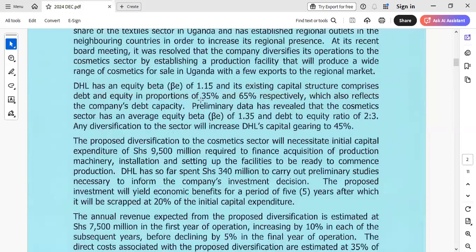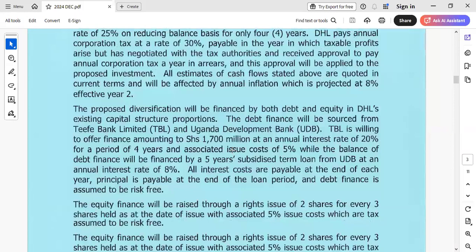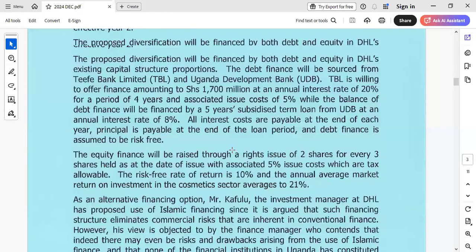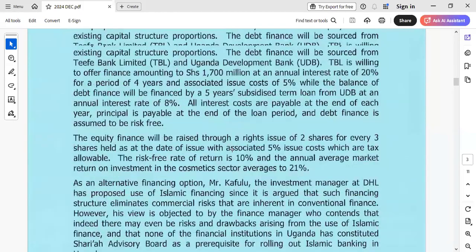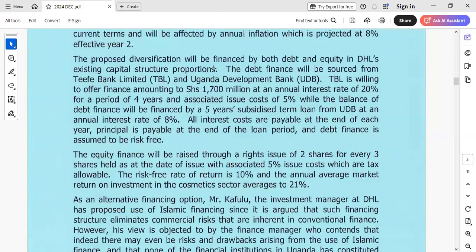These were the proportions 35 and 65. DHL has equity beta and the existing capital structure, which comprises debt and equity in proportions of 35% and 65%. So the proposed diversification is going to be financed with also that kind of proportion.